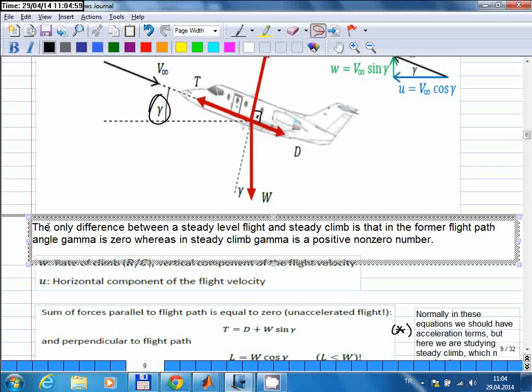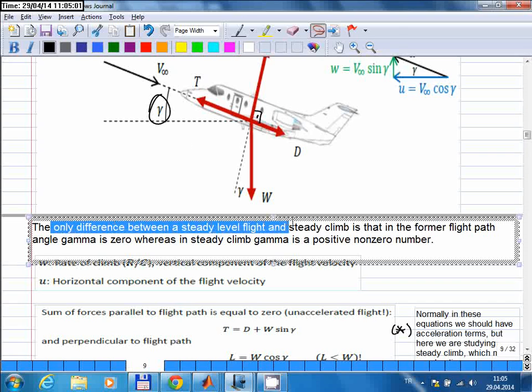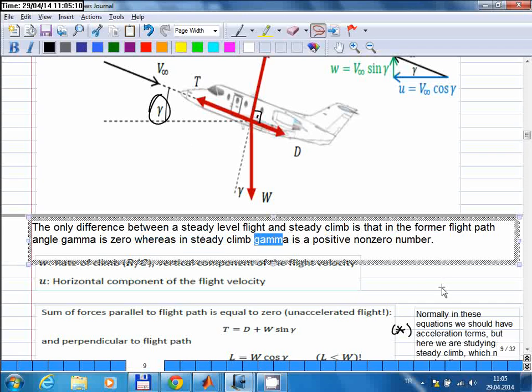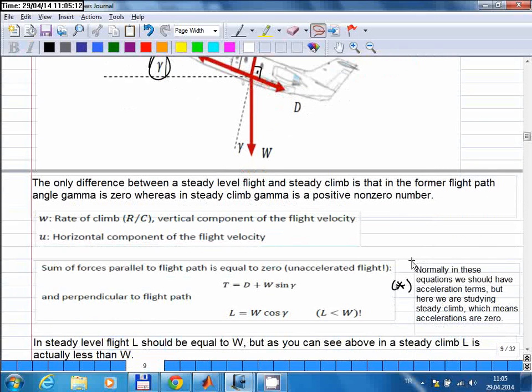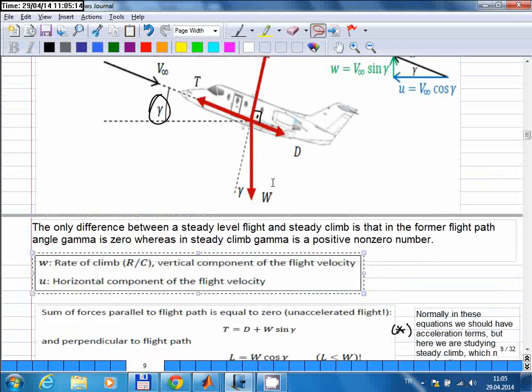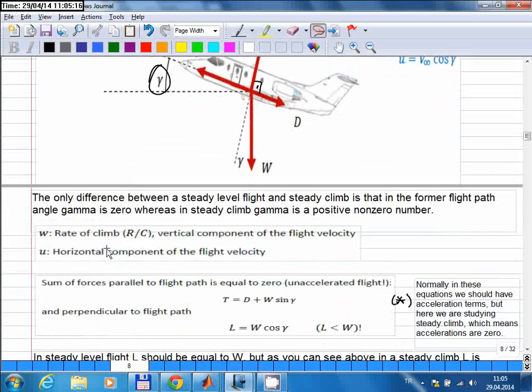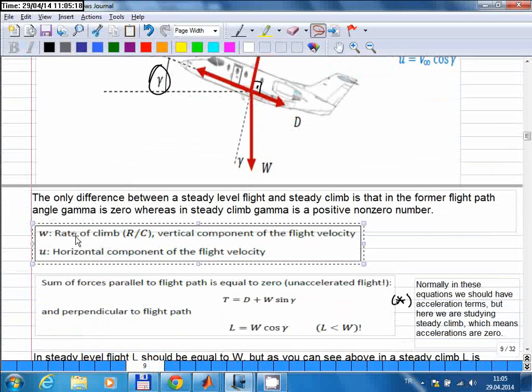Here it says the only difference between a steady level flight and a steady climb is that in the former, flight path angle gamma is 0, whereas in the climbing case, gamma is a positive angle. Everything else is the same. And W, which is the vertical component of the speed, is called the rate of climb.